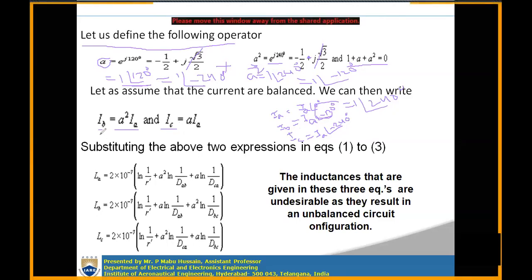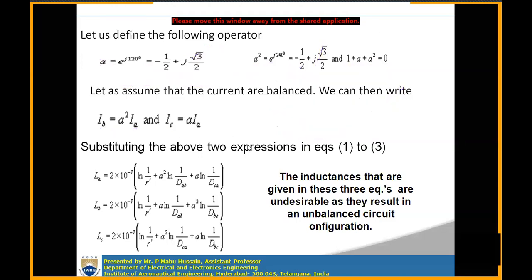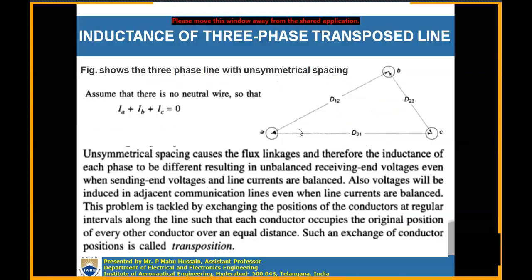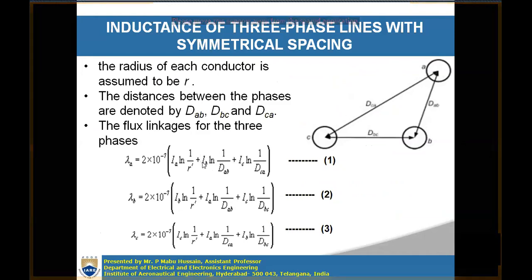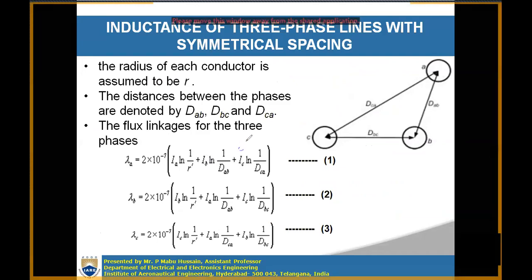So now you have to substitute the IB and IC values in the previous expressions. Here in equation 1, in place of IB, you have to substitute a square into IA, and in place of IC, you have to substitute a into IA.